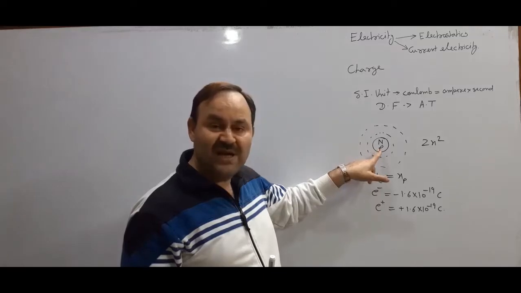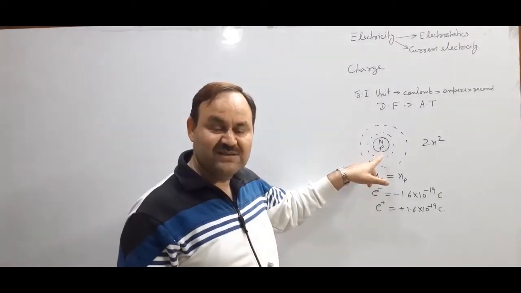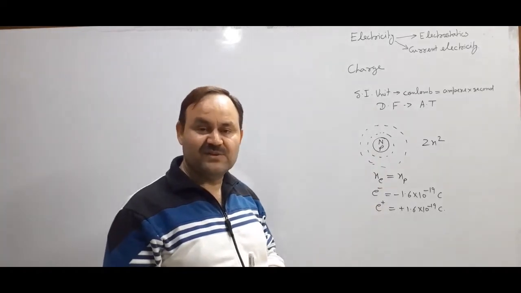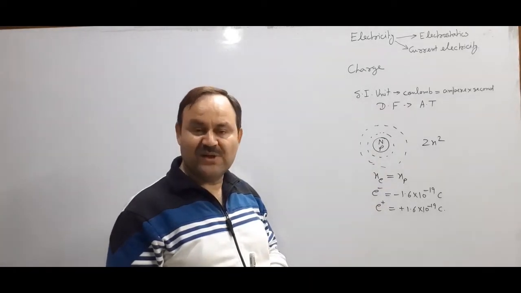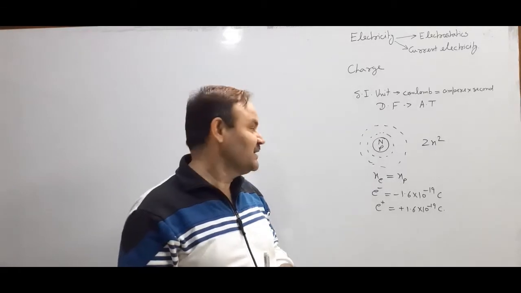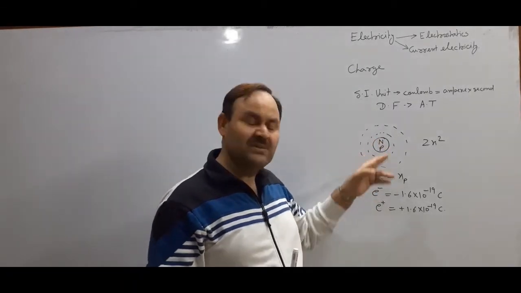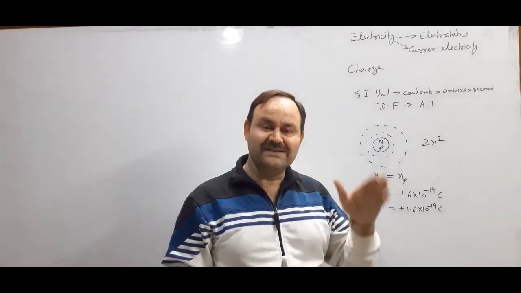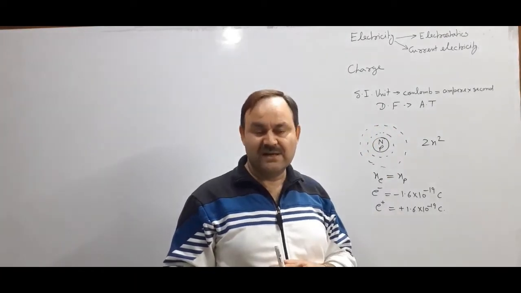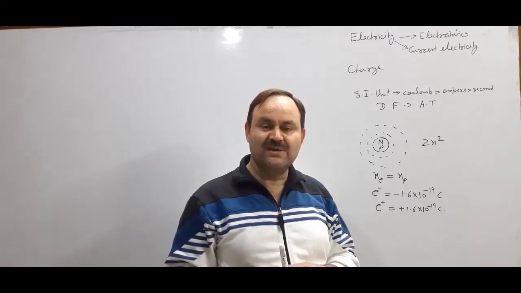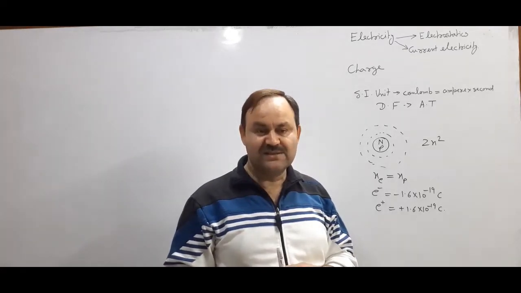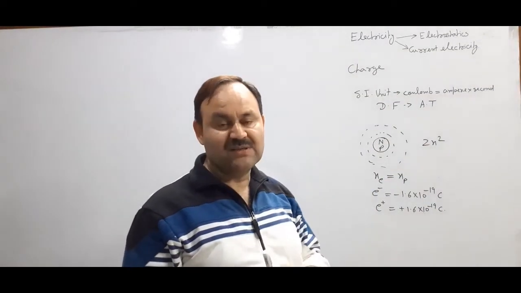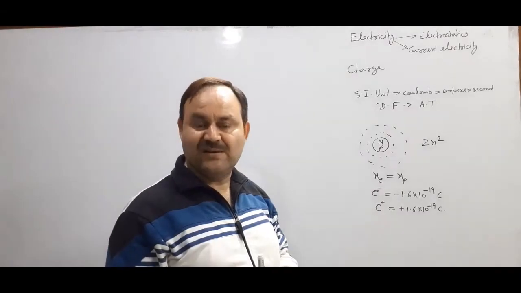But protons are bound within the nucleus by the strongest forces of nature called nuclear forces that cannot be overcome under ordinary conditions. It means to overcome nuclear forces, conditions like that at the Sun are required, which are impossible on Earth's surface under ordinary conditions. Hence, migration of protons from one body to another is not possible under ordinary conditions.